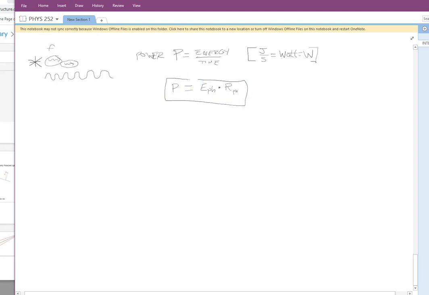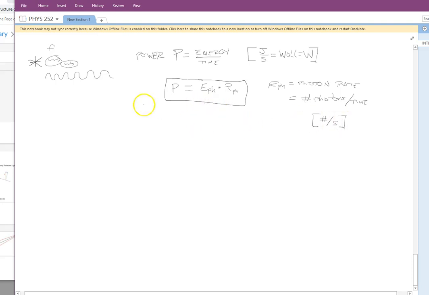Okay, E sub ph is the energy of the photon. R sub ph is the photon rate. This is the number of photons being emitted per unit time. So this is the number of photons per time. Units might be number per second, for instance, using SI.